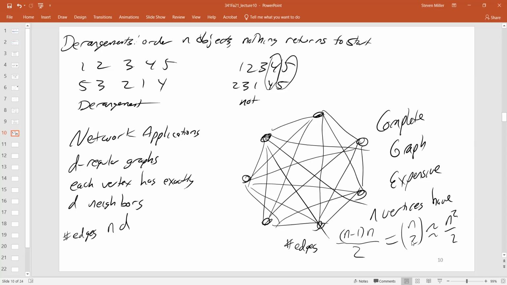Oh, yeah. Divided by 2. So this is of size linear in d, I'm sorry, linear in n. And so as long as d is fixed, it's going to be linear in n versus quadratic in n.